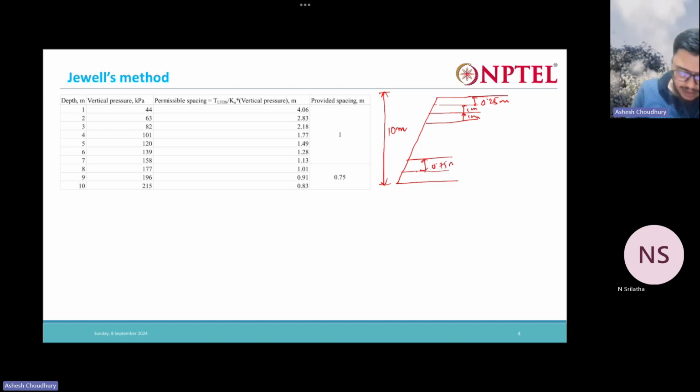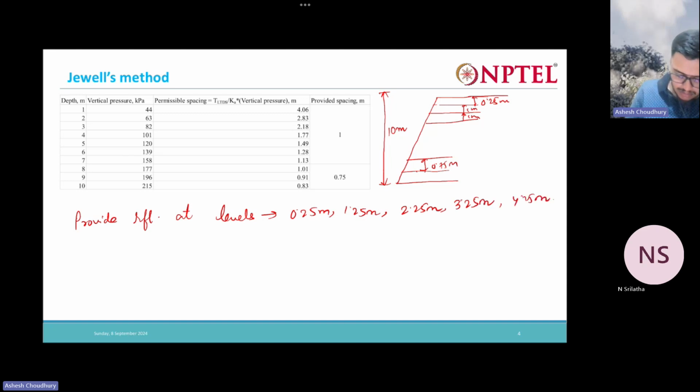So how many layers are we providing? So provide reinforcement at levels 0.25 meter, 5.25 meter, 6.25 meter, 7 meter, 7.75 meter, 8.5 meter, 9.25 meter, 10 meter.